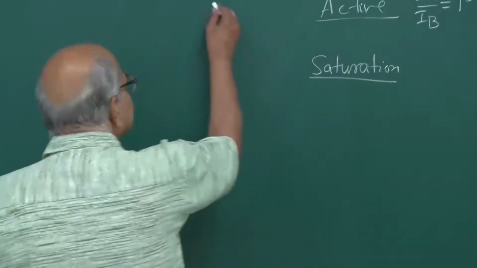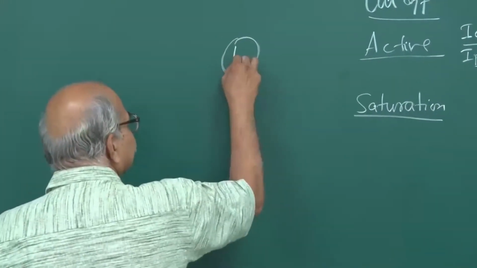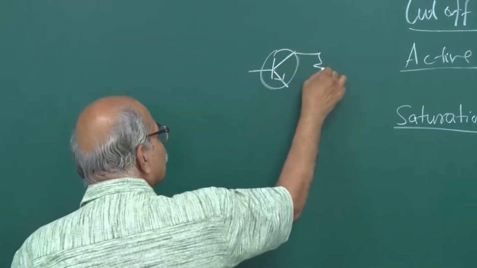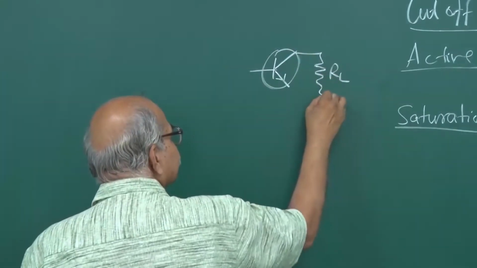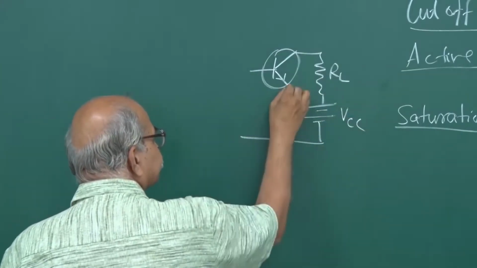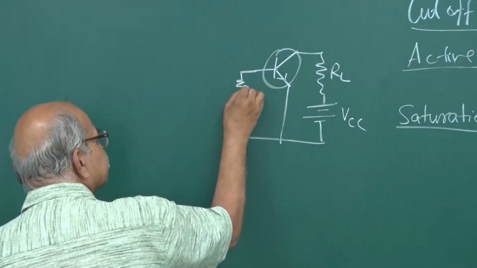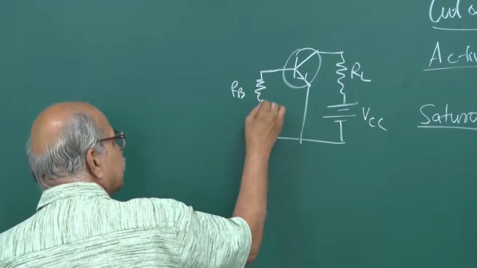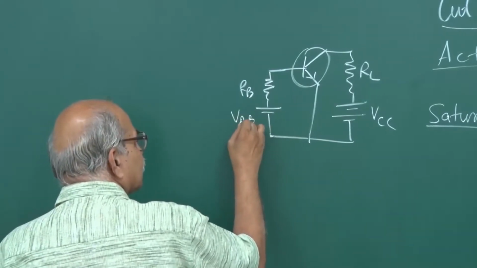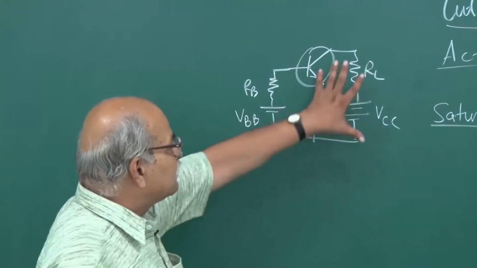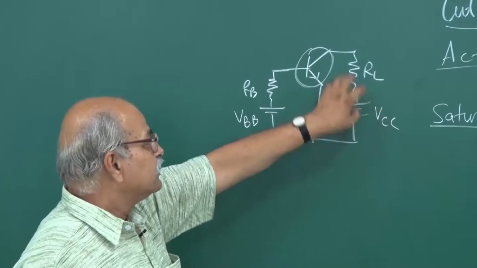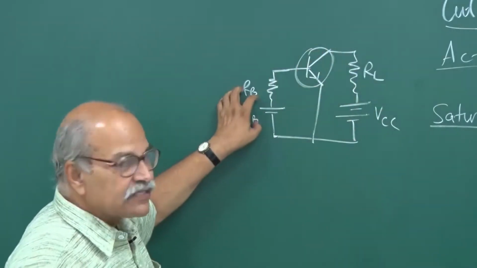Remember our figure. You have this load resistance RL, and then you have this biasing VCC. This side you have RB and this VBB. So, suppose I have some reverse bias to start with. Let us say we have put some VCC to start with and it is reverse biased, this current is very small.